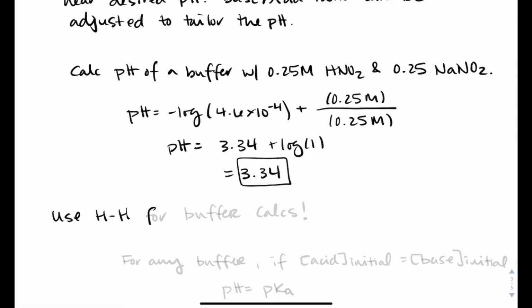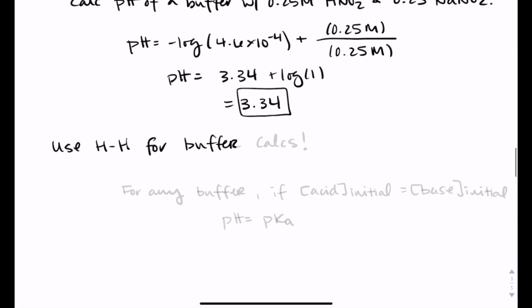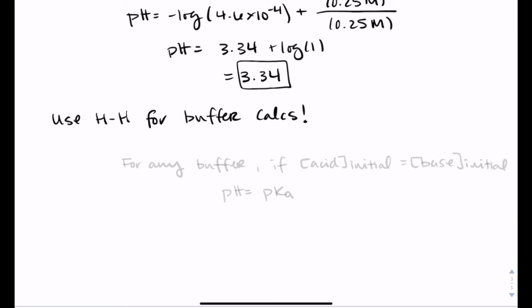Plus the log of the base concentration initially over the acid concentration initially, which is 0.25 over 0.25. So the negative log of the Ka is 3.34. And then the log of 1, because my concentrations are equal, is 0.